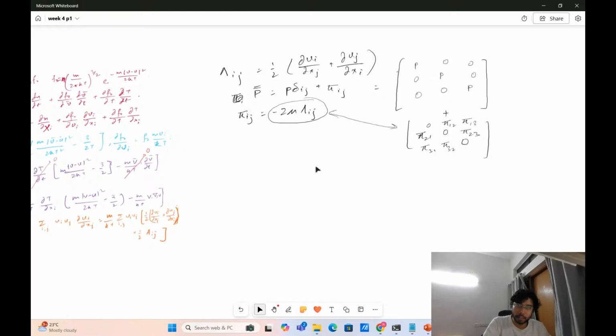From the definition of lambda, let's take this term. So this term is the 1,1 term of this matrix.